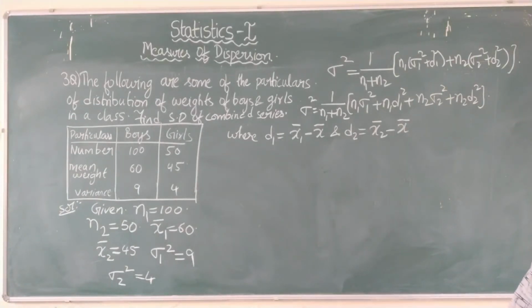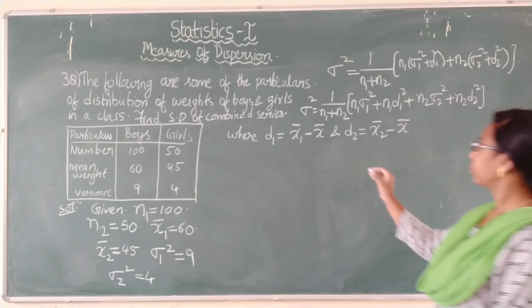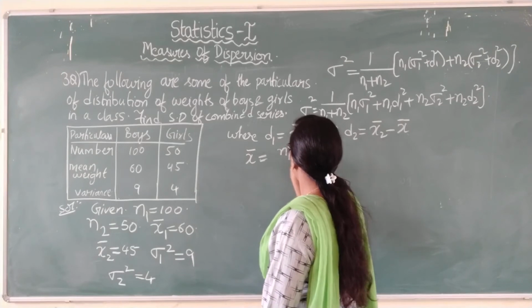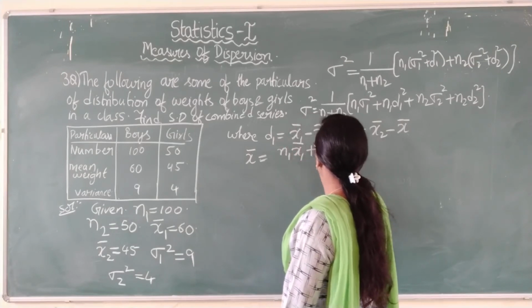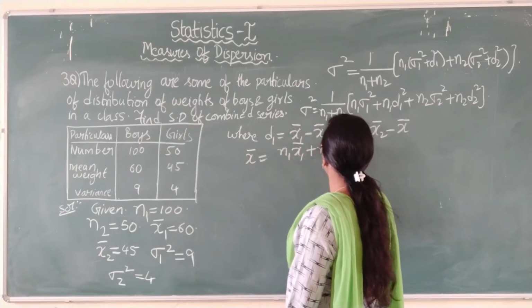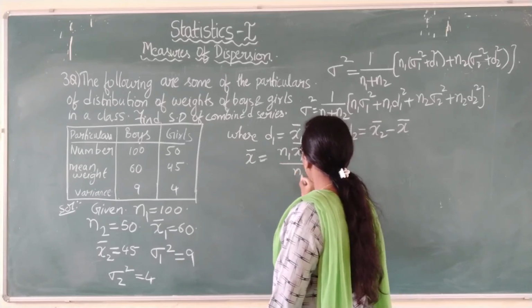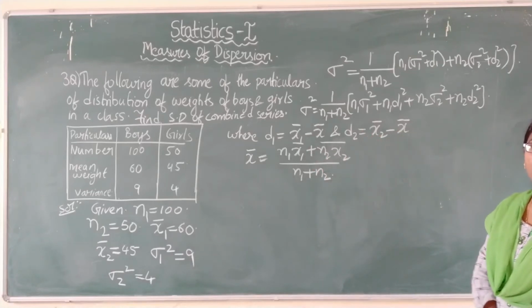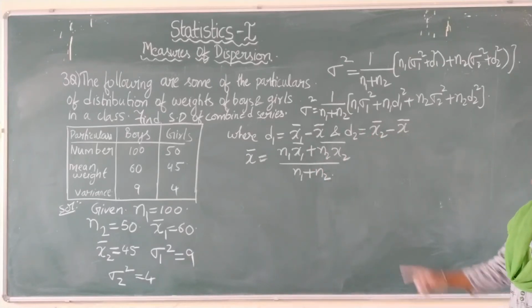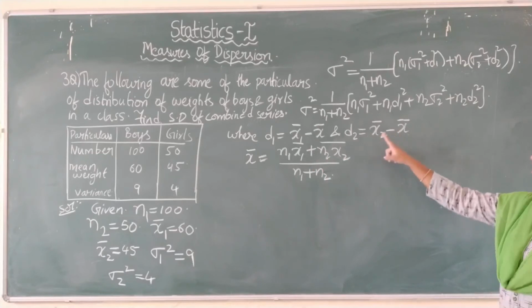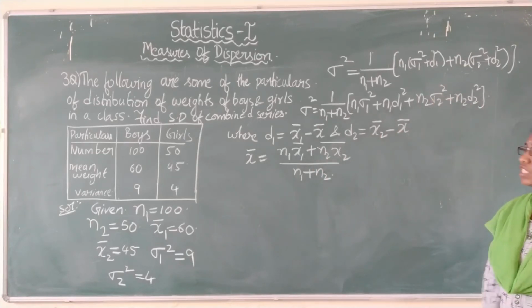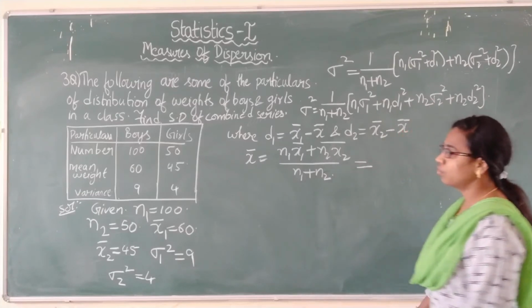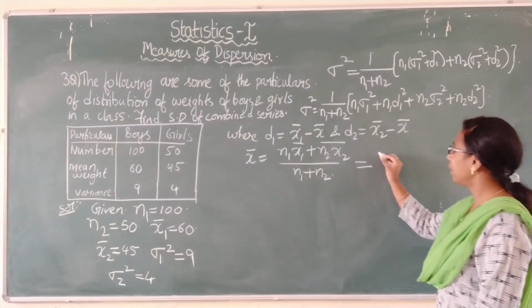So how to find the combined mean? X bar equals n1 x1 bar plus n2 x2 bar divided by n1 plus n2. So first we have to find the x bar value. After finding x bar, find d1 and d2 and substitute in this formula. So x bar equals, what is n1? 100.